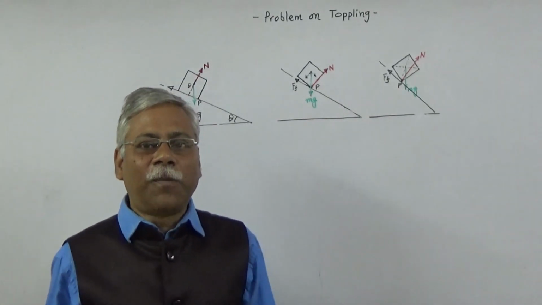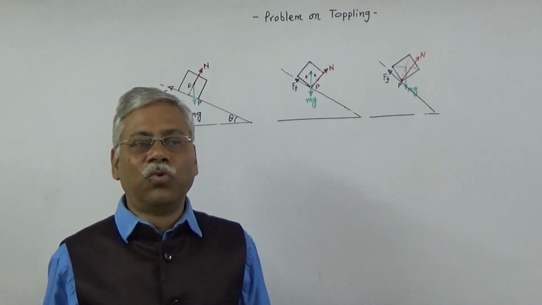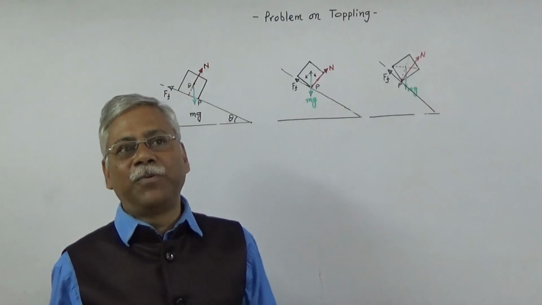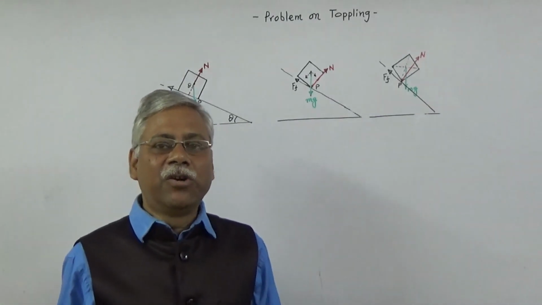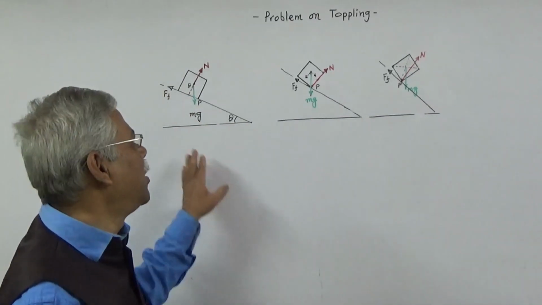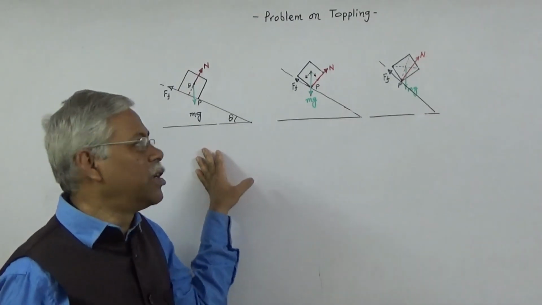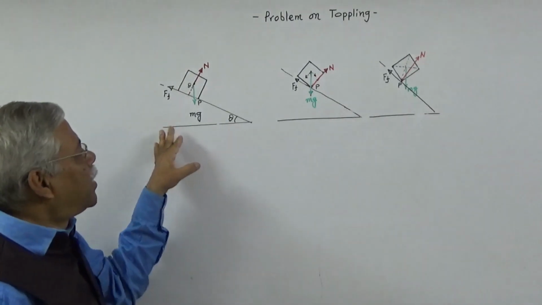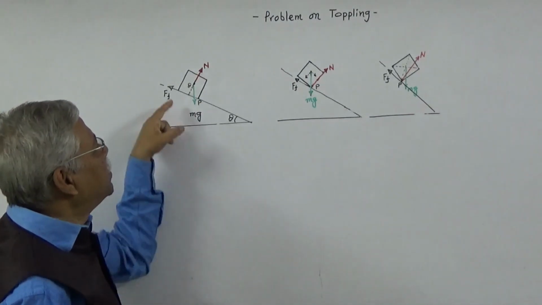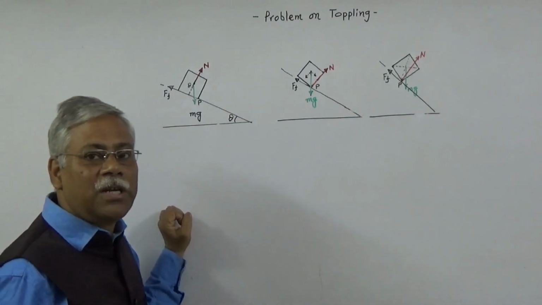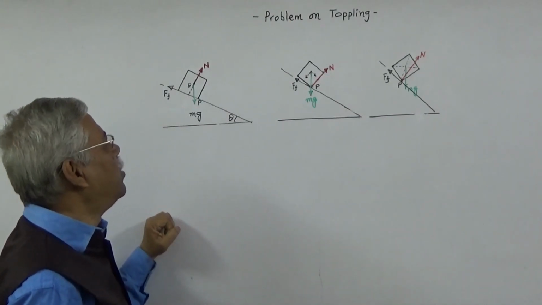To understand toppling, we will have to know the conditions for equilibrium of the body. There are two types of equilibrium, all of you know, translational equilibrium and rotational equilibrium. In the first drawing, this block is both in translational equilibrium and rotational equilibrium.